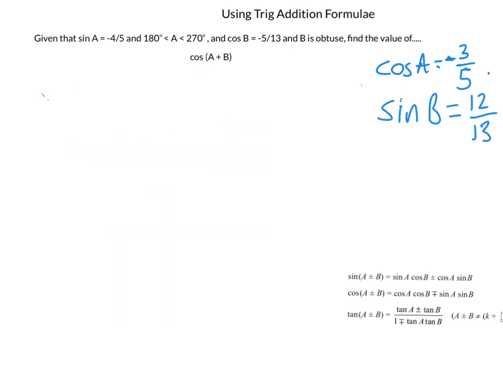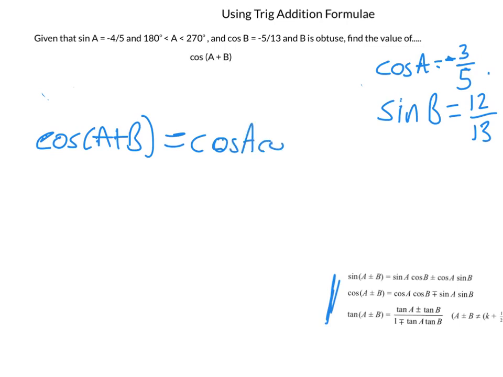Okay, so we've worked out our cos A value, we've worked out our sine B value. I can now say, okay, cos of A plus B. And handily, I've got the formula booklet snippet there. So cos A plus B equals cos A cos B minus sine A sine B. Well, what have we got in this case?